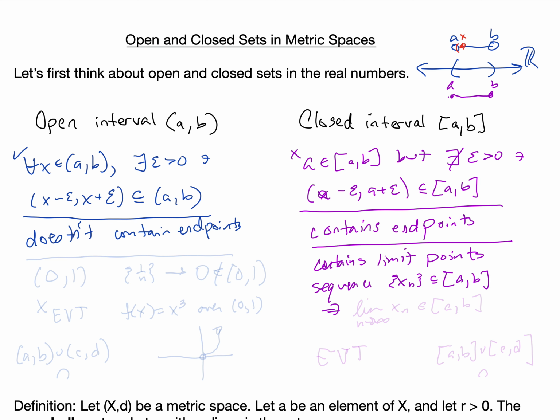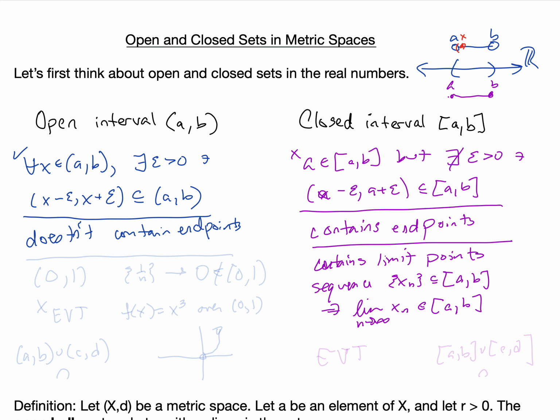That means that its limit, the limit as n goes to infinity of x_n, will also be an element of this closed interval AB. Again, we're not proving it formally for now, but we'll prove it more generally for closed sets in metric spaces.